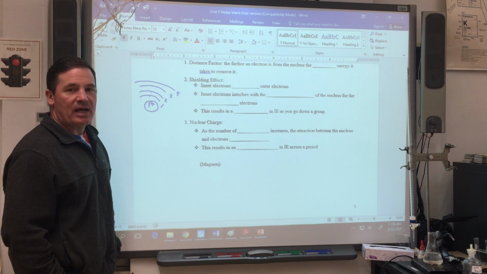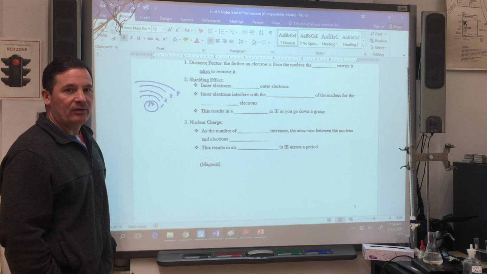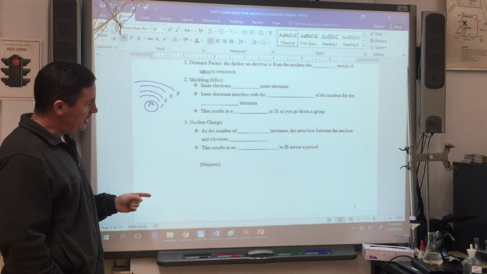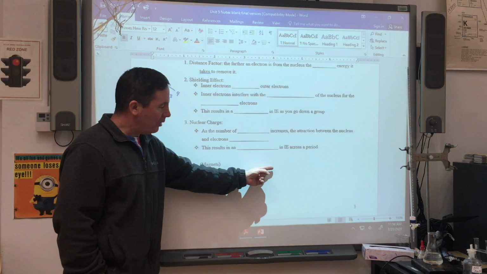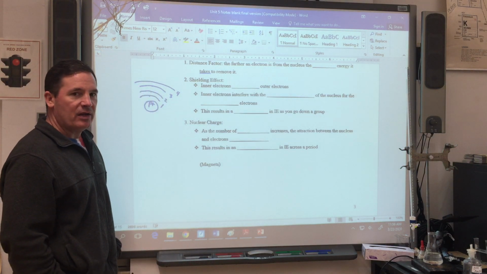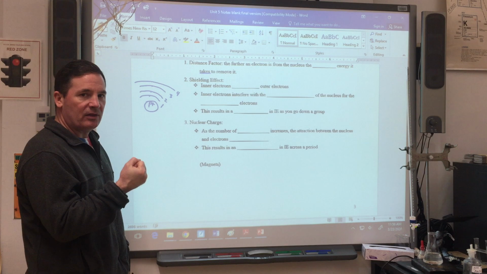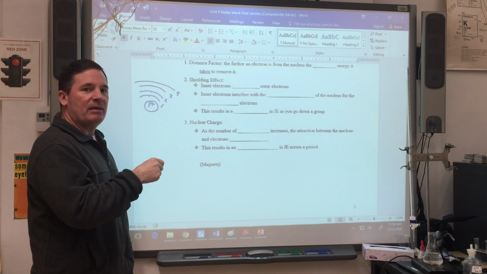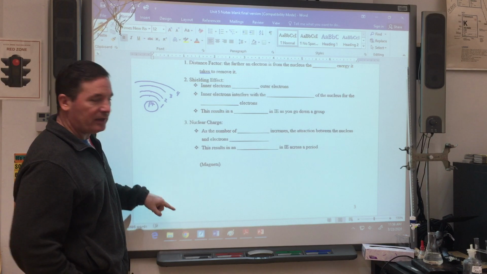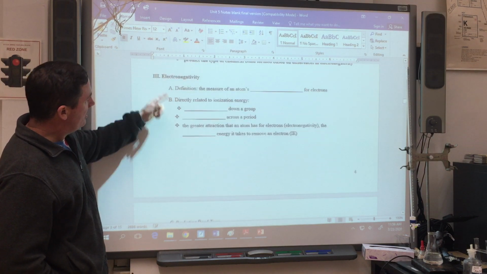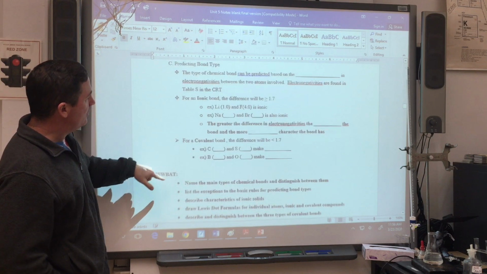That makes ionization energy higher. So as we go across a period, we have more protons, and therefore, as more protons are there, there will be greater pull on the electrons. And since there's greater pull on the electrons, it makes it more difficult to pull electrons off. And we talked about electronegativity already with that.